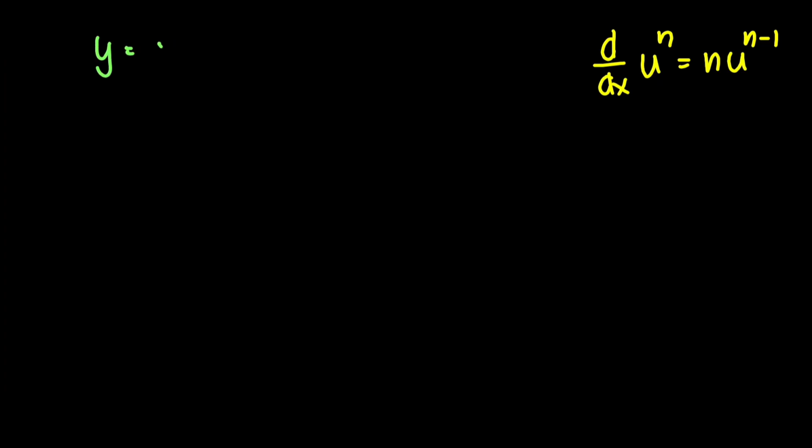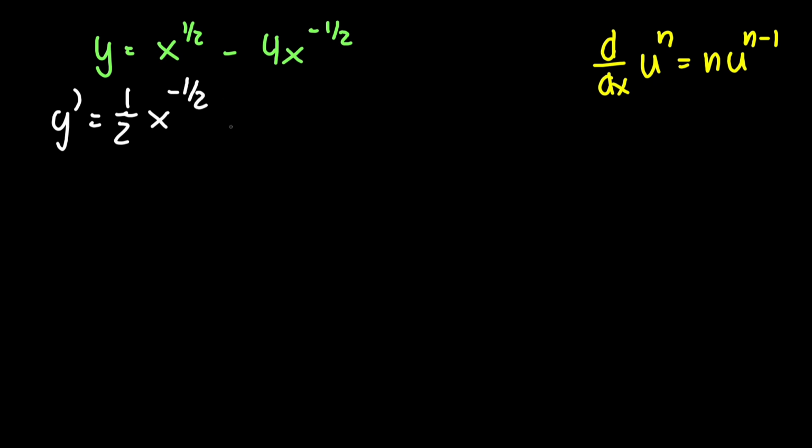Y equal to x to the power of 1/2 minus 4x to the power of negative 1/2. For this, take the derivative of this one, which would be equal to 1/2 x to the power of 1/2 minus 1 would be equal to negative 1/2, minus 4 multiplied by negative 1/2 would be equal to negative 4 over 2, or negative 2.